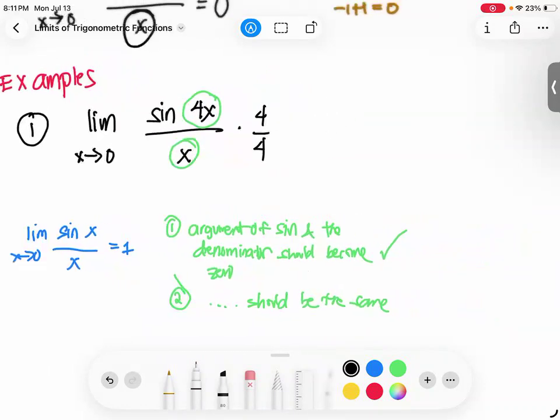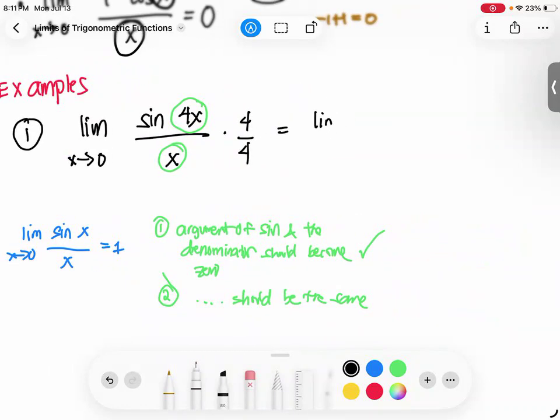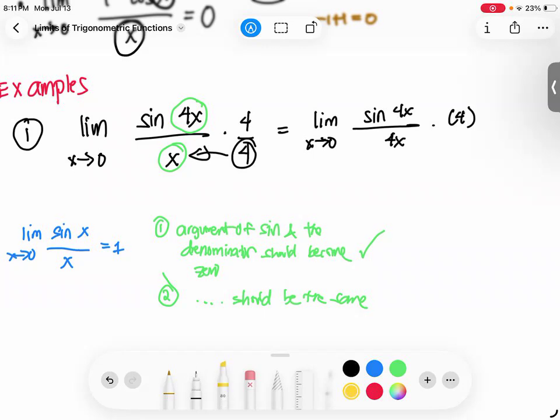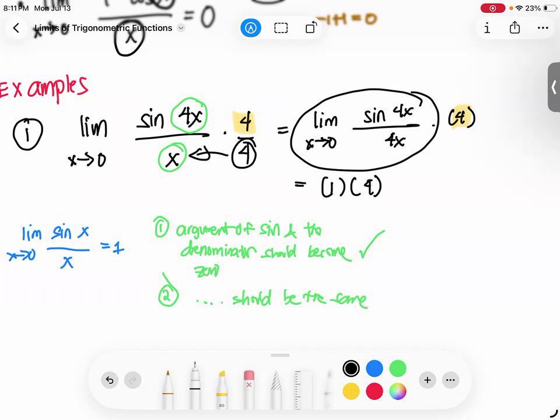So this is equal to the limit of sine of 4x over 4x as x approaches 0, times 4, the 4 that stayed on the numerator. So this whole thing is just equal to 1. So this is 1 times 4. Therefore, the limit is 4. The limit of sine of 4x over x as x approaches 0 is equal to 4.